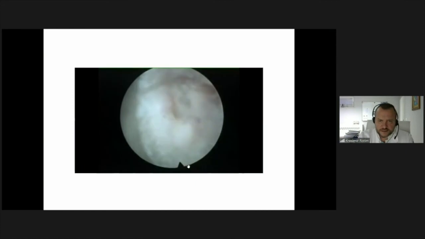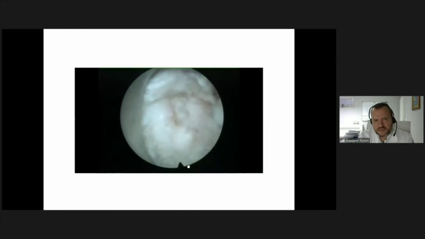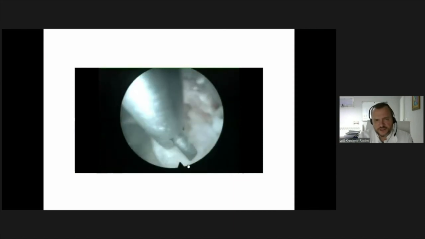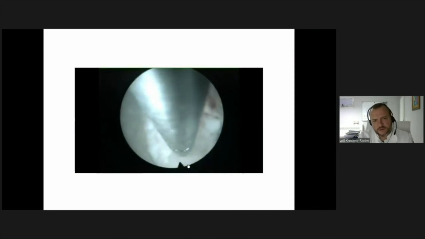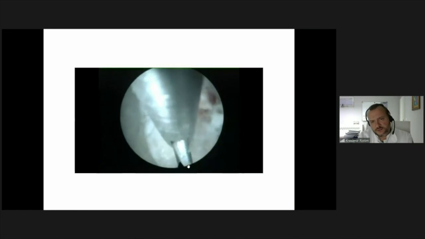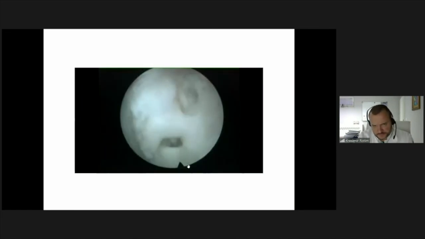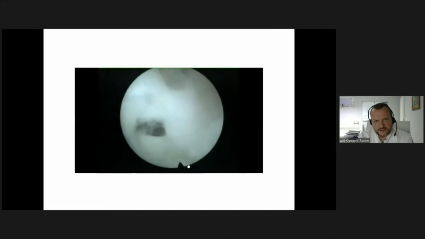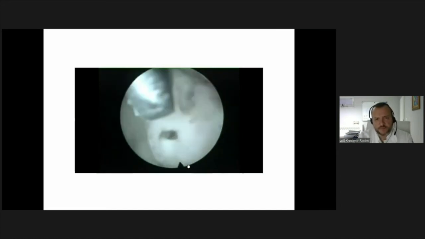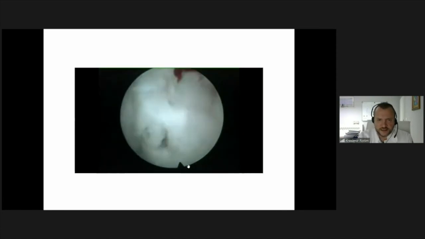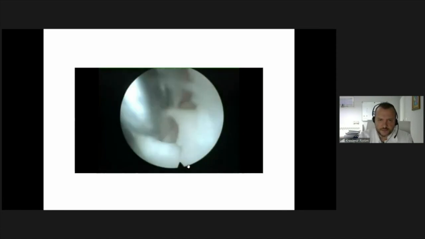There is a little bit of bleeding that is stopping on irrigation. And now you can see the removal of the disc that is compressing the nerve root. The nerve root is displaced to 12 o'clock. It's underneath the working canal.